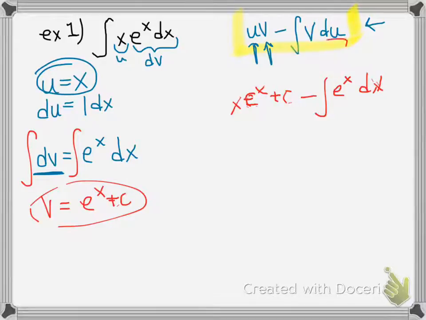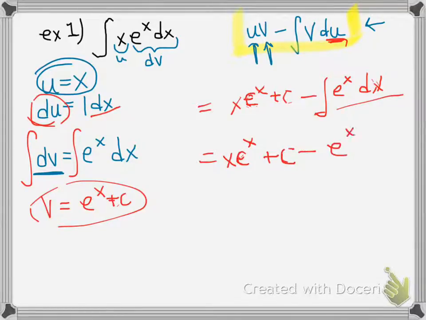I need a du right there, and we said du is dx. Again, I have to integrate one more time, so that's going to be x e to the x plus this constant, minus e to the x, because the integral of e to the x is just e to the x, plus another c.